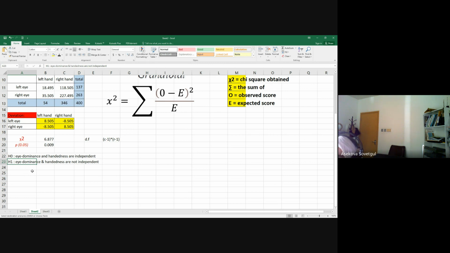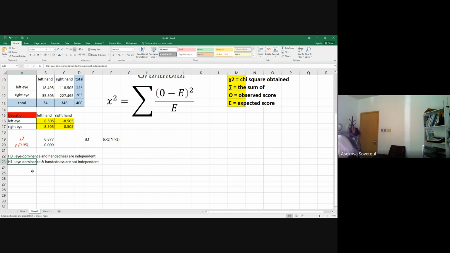We use the right eye when we are targeting something. In most cases, people who use the right eye for targeting are usually right-handed, and those who target with the left eye are usually left-handed.